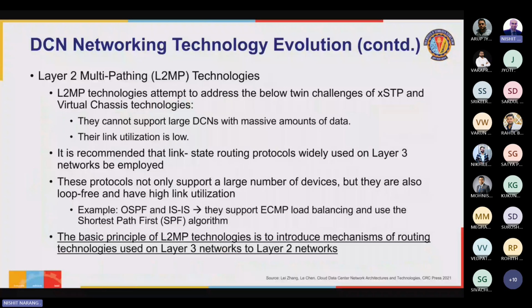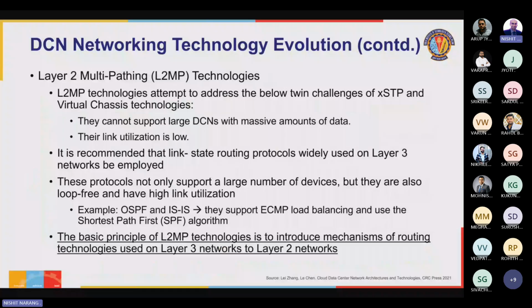Can I do away with the self-learning property of the layer 2 switches? Now, if I have to do away with that, and we know routers don't have a self-learning property, then I need a different way to learn paths in this network, and therefore I need a different way to set up my layer 2 switching tables.